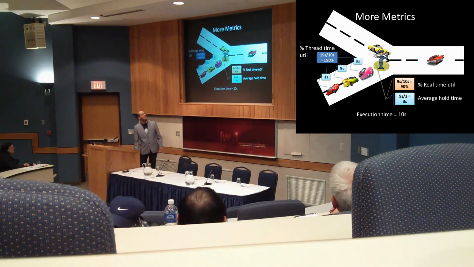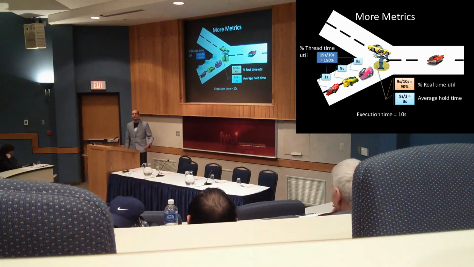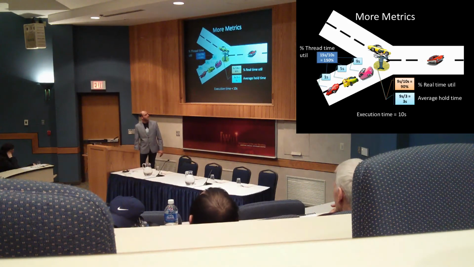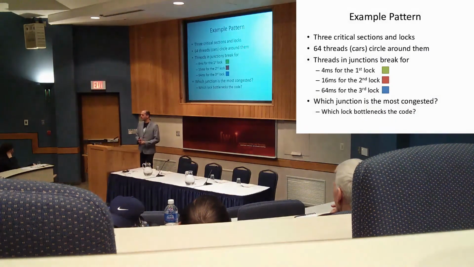So this is 90%. This means that this particular lock was locked 90% of the execution of the application. And we also have the average hold time. In that case, we're dividing the 9 seconds by the number of cars that had to wait. So we can figure out what's the average time a lock was held. We also provide some more metrics, but these are some of the core metrics that we have.